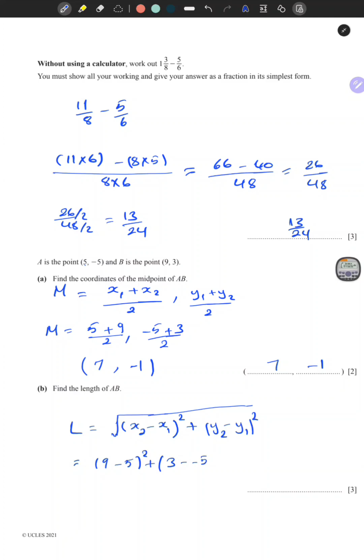All of that will be squared, the whole thing, and there is the square root.